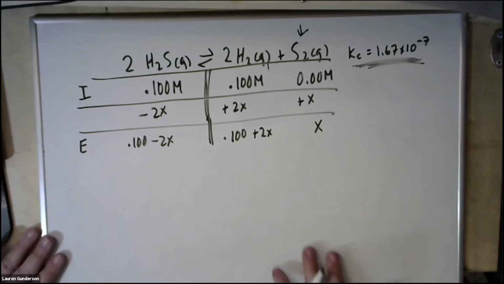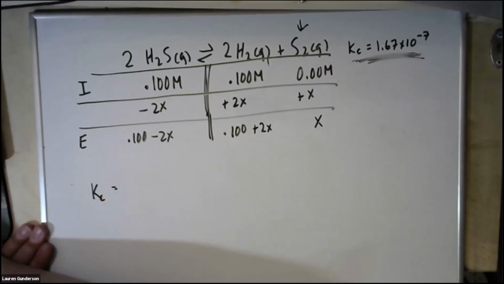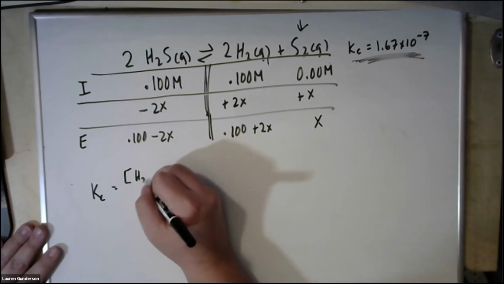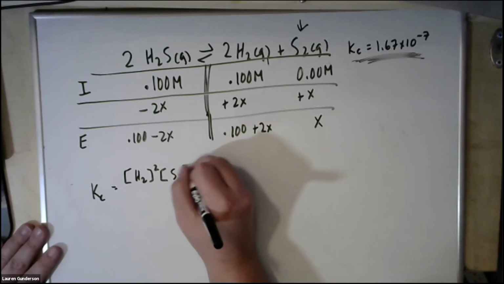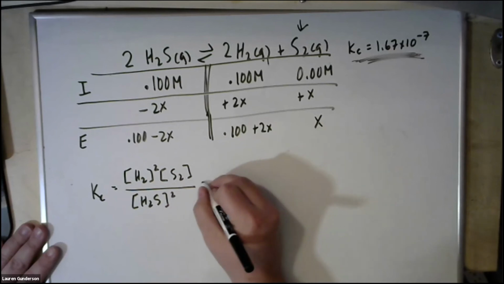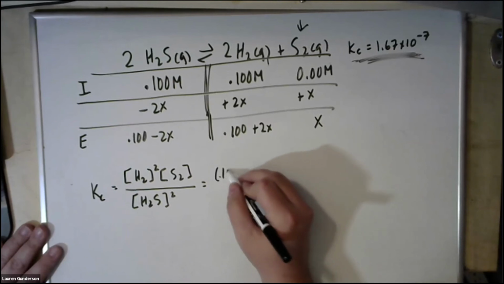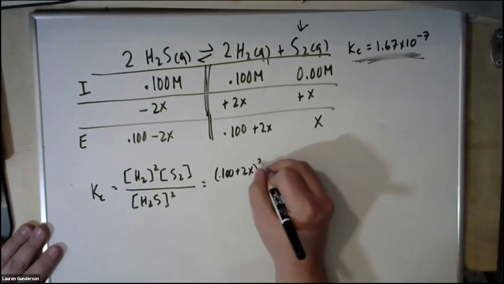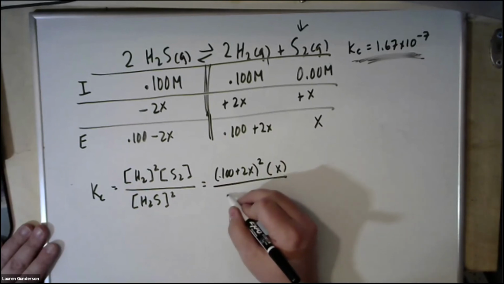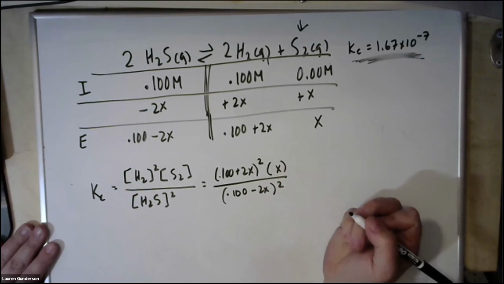All right, let's take a look. Okay, so here we're going to have (0.100 plus 2x) squared times x over (0.100 minus 2x) squared.